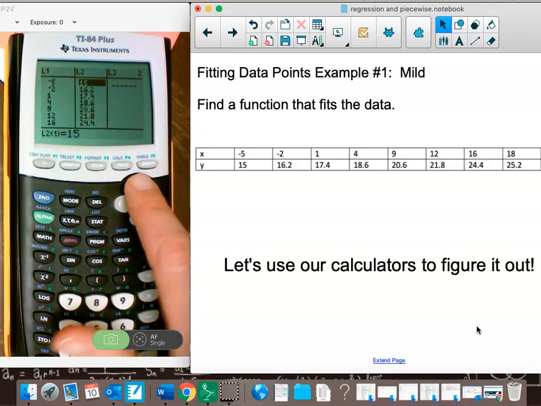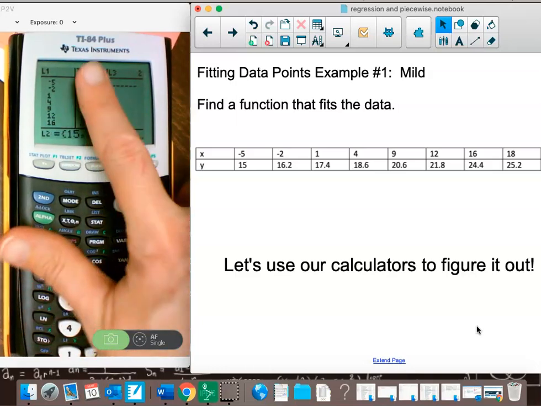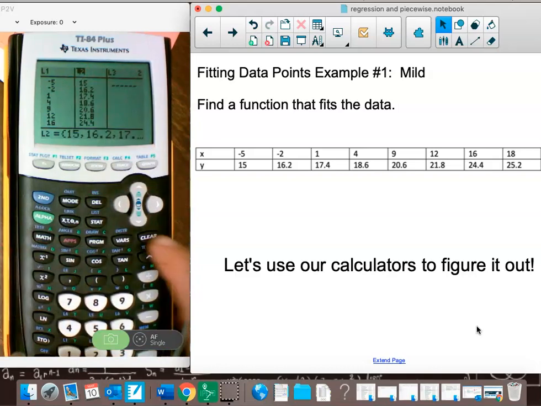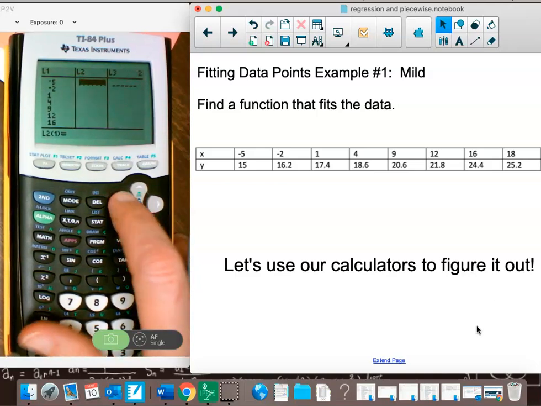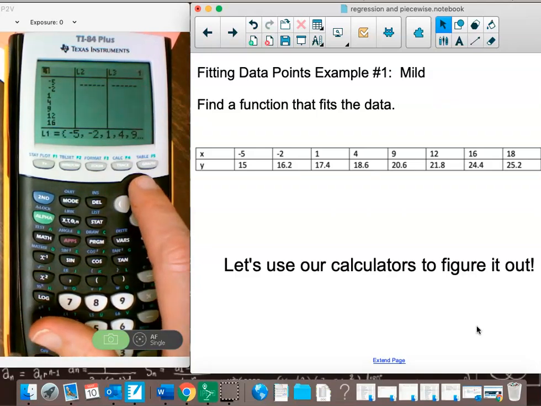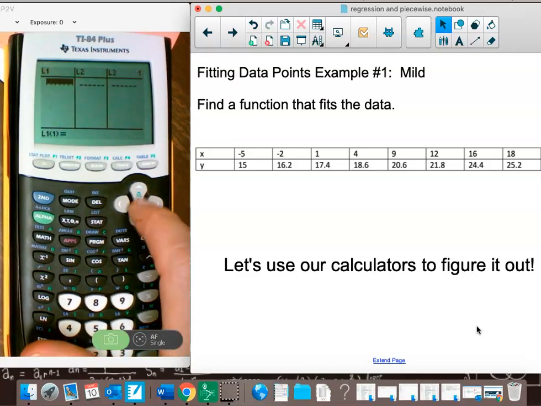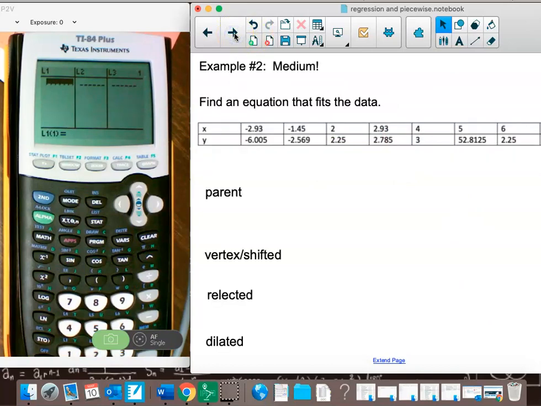Quick way to clear a list: arrow up so your cursor is sitting on the name of the list, hit clear, and then arrow down, and the list will be clear. Or you can just sit there and hit delete over and over and delete all the entries. All right, so let's do another one.